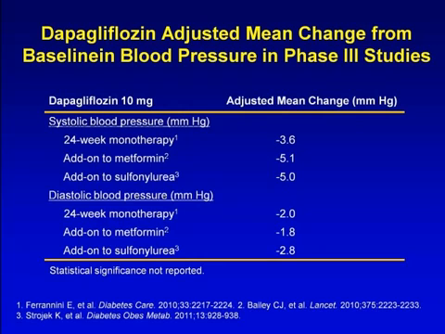Now, another effect that has been noted with SGLT2 inhibitors is a reduction in blood pressure. These drugs are not approved as antihypertensive agents, but they seem to have a consistent effect on blood pressure lowering across all drugs in the class and all clinical trials. On this slide, you see that either as monotherapy, added on to metformin, or added on to sulfonylurea, you get a reduction in blood pressure of about 4 to 5 millimeters of mercury systolic and about 2 millimeters of mercury diastolic.